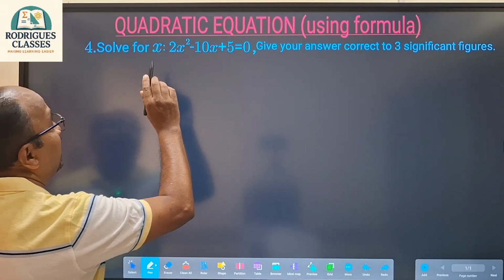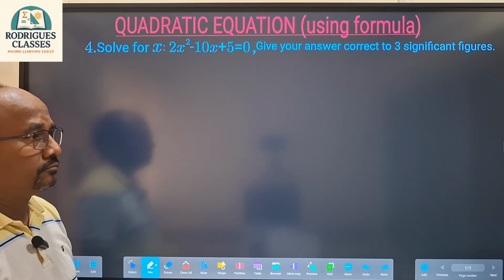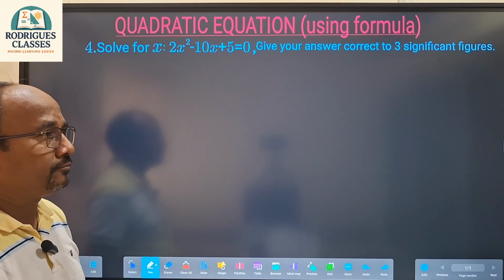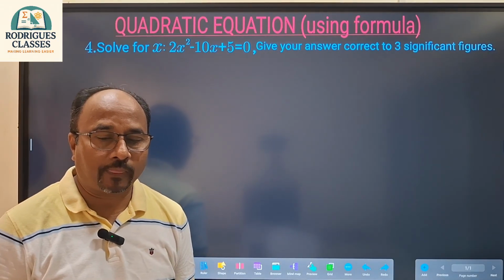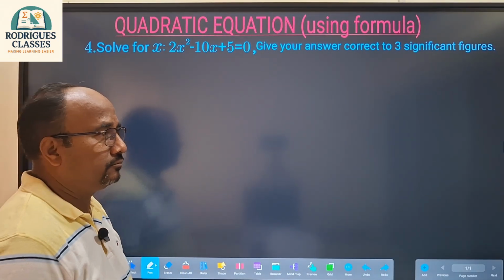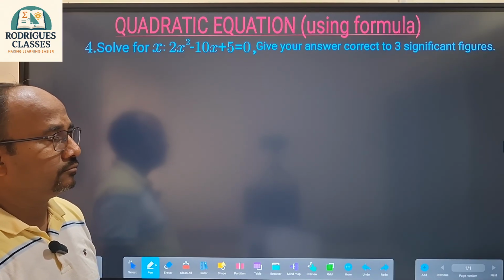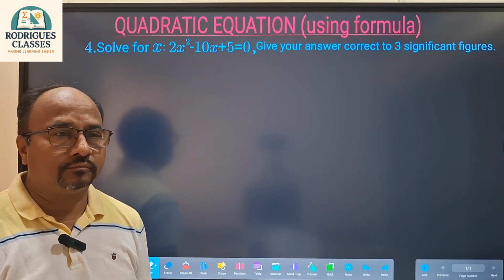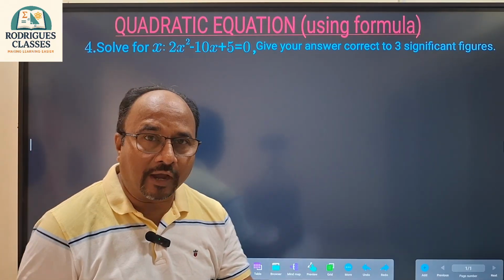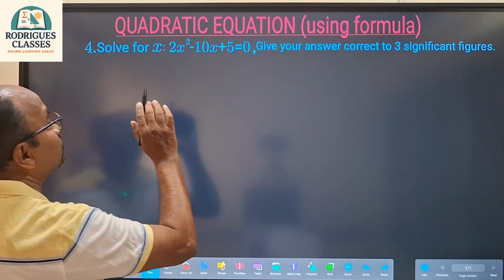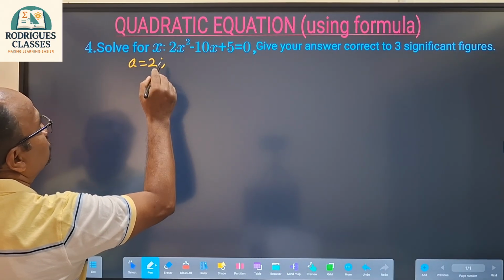So comparing and writing the values for A, B and C, x square is having 2, so your A value is 2.